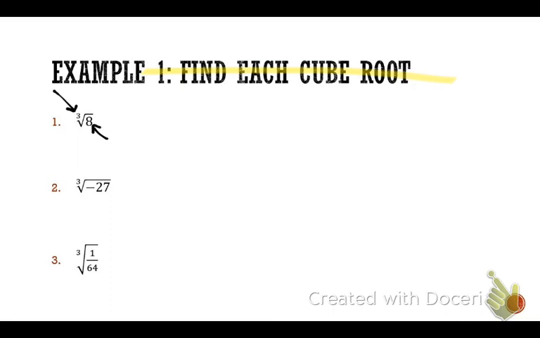So what number could I multiply by itself 3 times? Well, I know it's not 1, 1 times 1 times 1, and it's not 8. Any number I can multiply by itself? A couple people know. Anybody else? Shikari? Not 4. 4 times 4 times 4 is not 8.